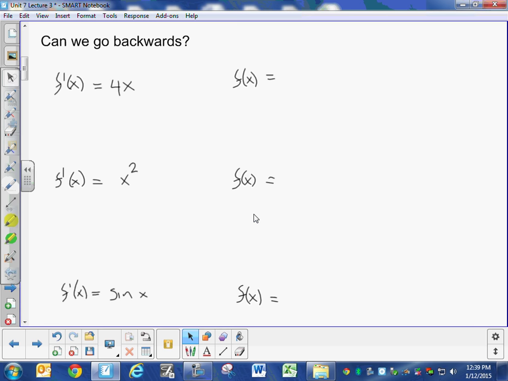What about same thing for x squared? Then the same thing for cos x.